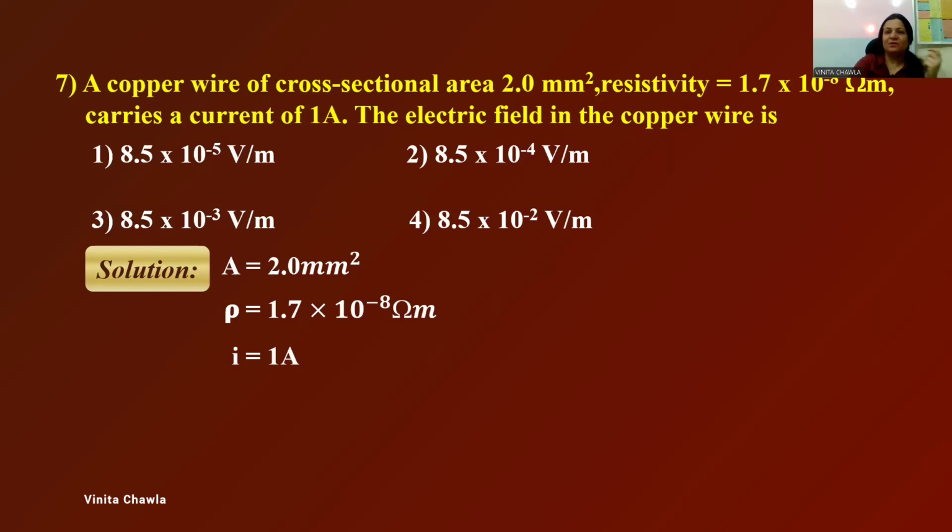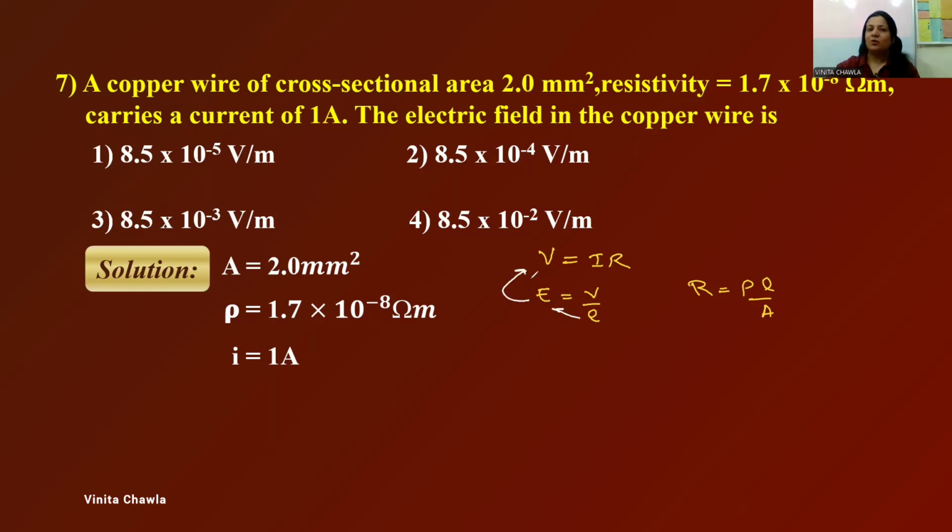So these values are given to you. V is equal to IR, okay? And E is equal to V upon L, and R is equal to rho L by A. So we can write E, because this V is EL, from here.